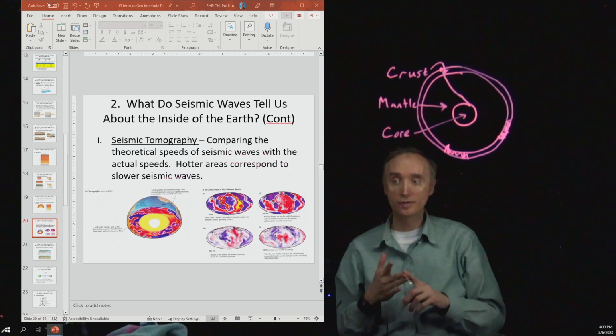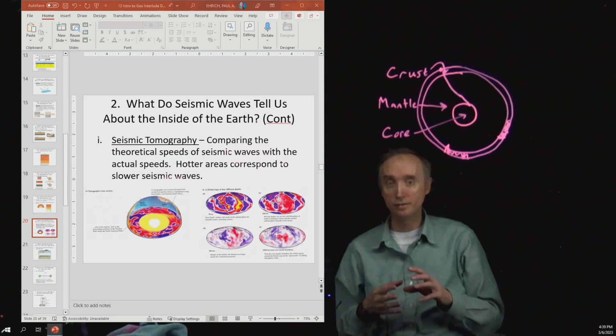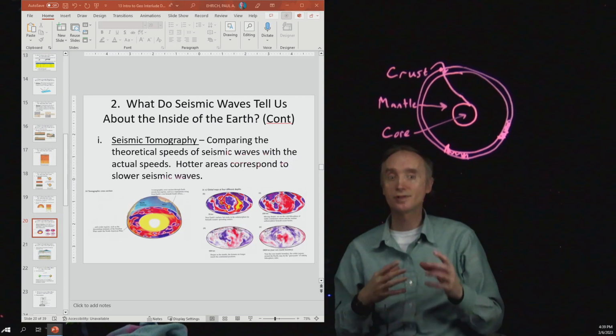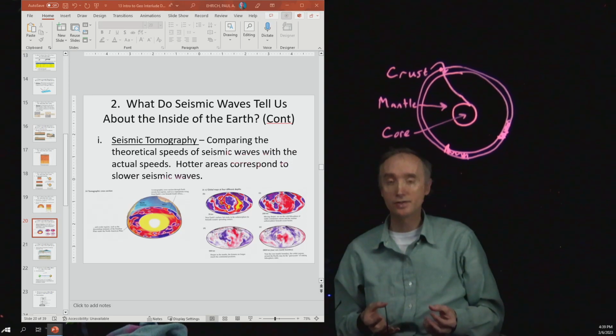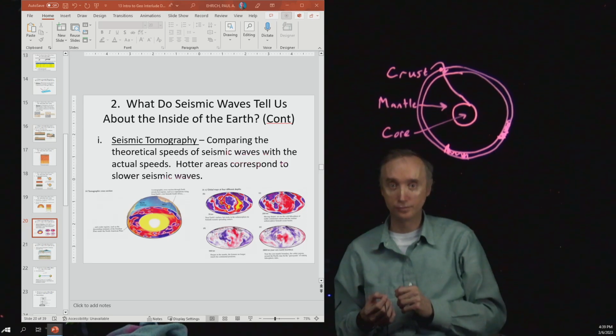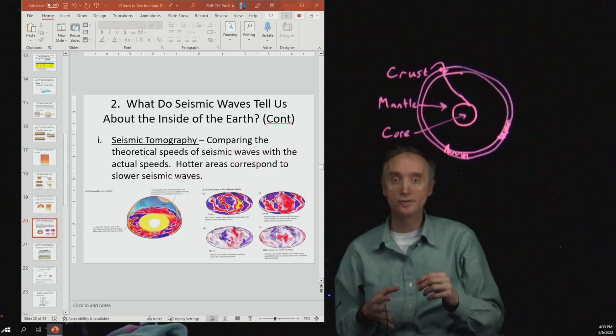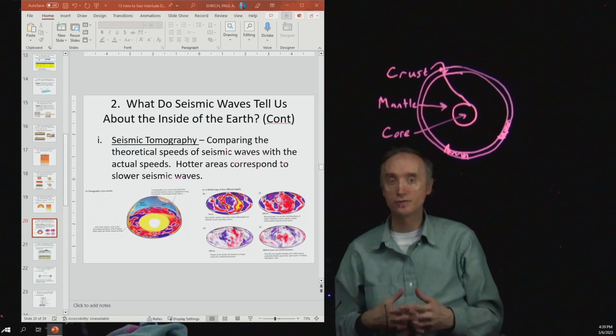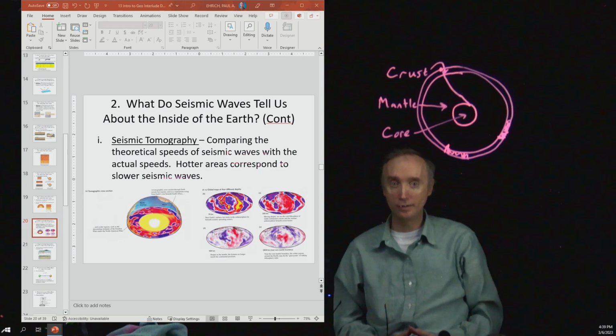All right, now let's look at the blue areas. So the blue areas are going to be relatively cool, which means that the rocks are going to be more solid, which means that the waves will be able to travel faster through them. So what we've found is that hotter areas are going to correspond to slower seismic waves.